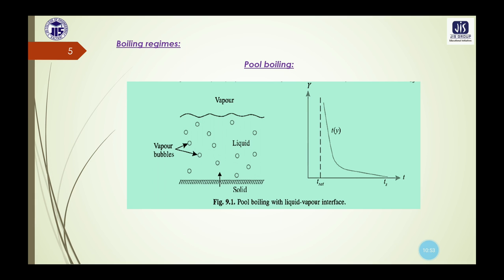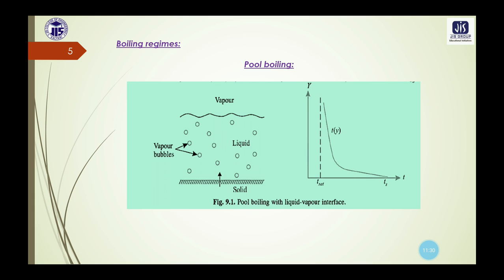One is the temperature distribution in saturated pool boiling with a liquid vapor interface. From the figure, we can see there is a sharp decline in the liquid temperature close to the solid surface. It is visible in the diagram on the right hand side.